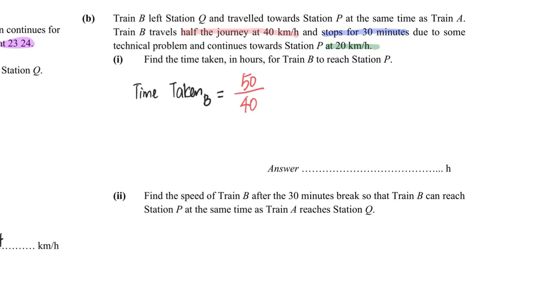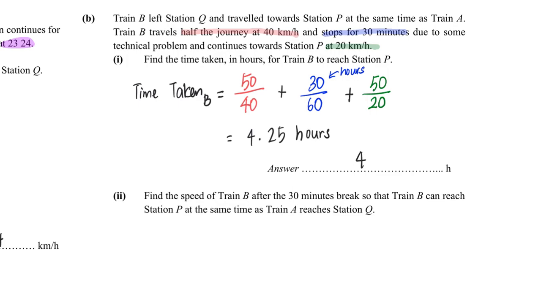That will give me the time in hours. 30 minutes, but I would need to convert it to hours. The last 50 km is at 20 km per hour. And this will give me a total time of 4.25 hours.